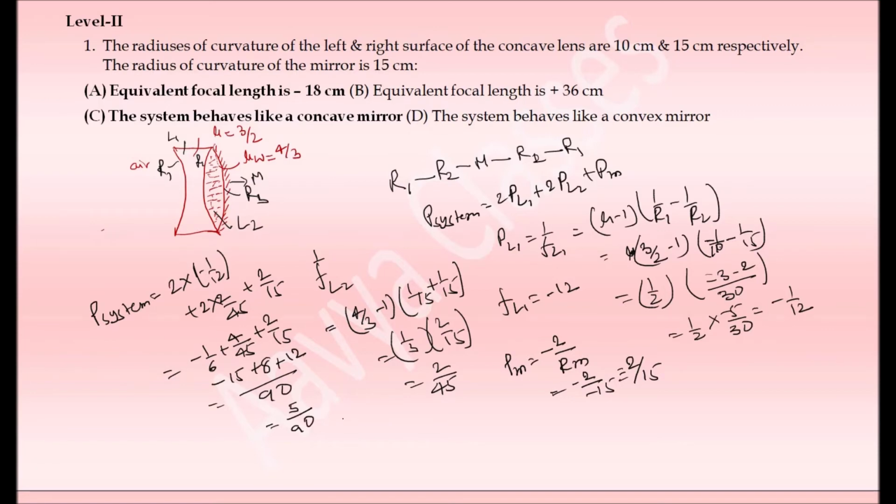From there we get P system is equal to 5 by 90, and it is equal to minus 1 by F system. So clearly from there we get F system is equal to minus 90 by 5, that is equal to minus 18. So clearly the focal length of the system will be minus 18 centimeter, and as the focal length comes with negative sign, then the system must behave like a concave mirror. So this problem is also very much clear.